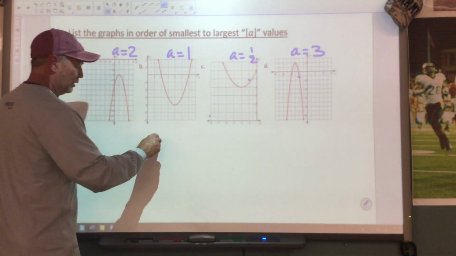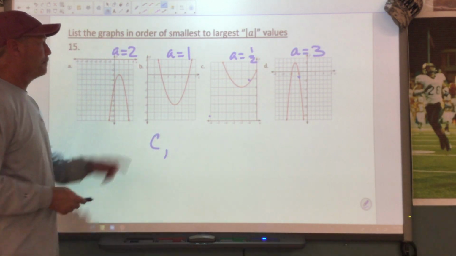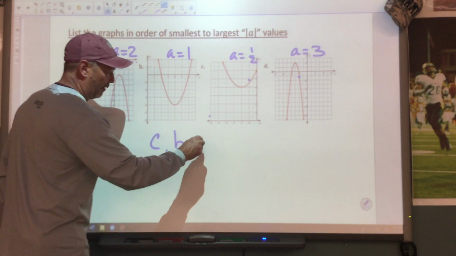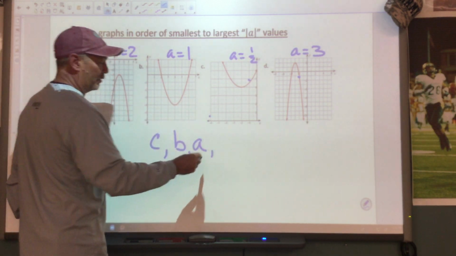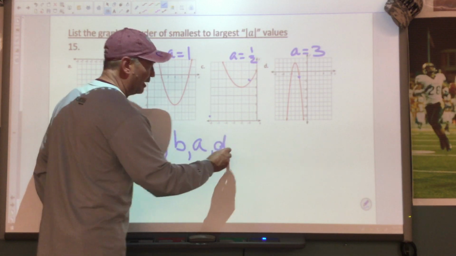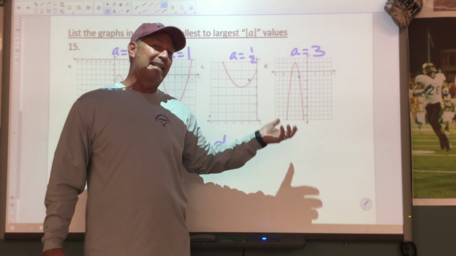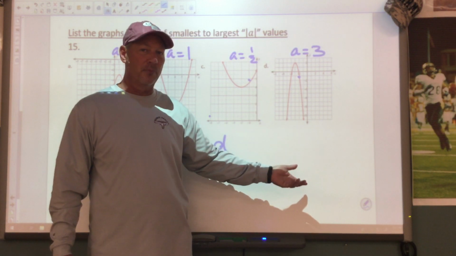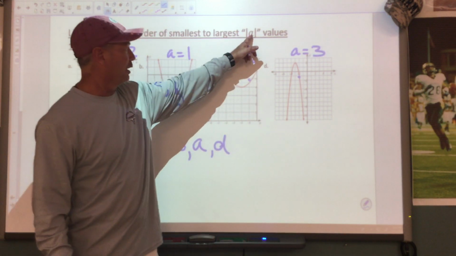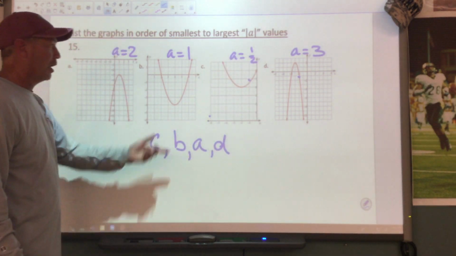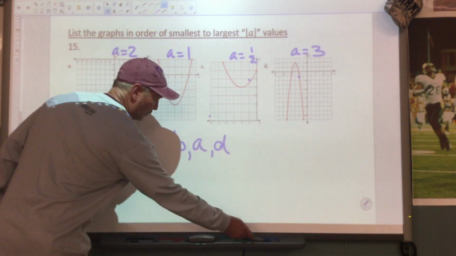It's going to be graph C, then graph B, then graph A, and then graph D. Even though this is opening downward and you're thinking that's negative, it makes it smaller. That's not the case because we're looking for the absolute value of the A value. Okay? All right, so that's how you do these.